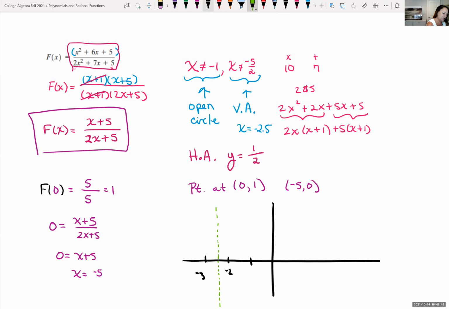We have one x-intercept, and that x-intercept was when x was negative 5. We have a horizontal asymptote, and that was at y equals 1/2. So we have this horizontal line at y equals 1/2.